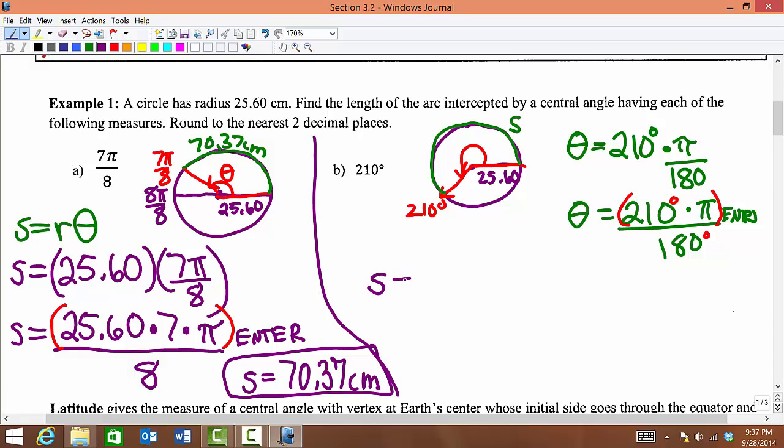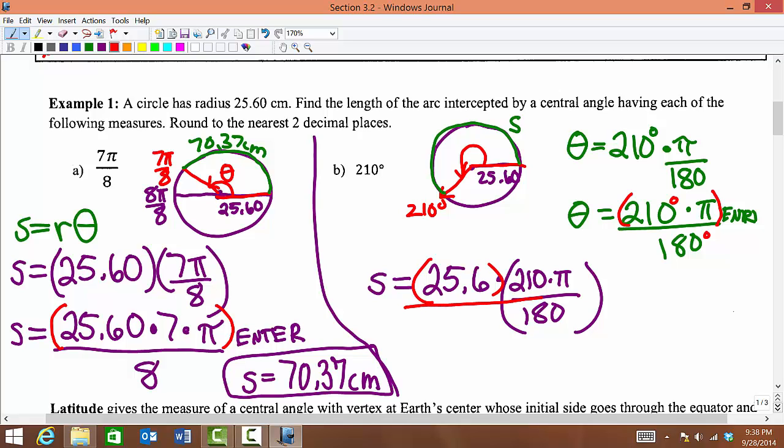So we're going to get S is equal to our radius times our angle. So let's go ahead and put in our angle here: 210 times pi divided by 180. I'm going to put that into my calculator all at once, so I don't have to do two calculations. I'm going to multiply everything across the top first, so I'm going to put in 25.6 times 210 times pi.